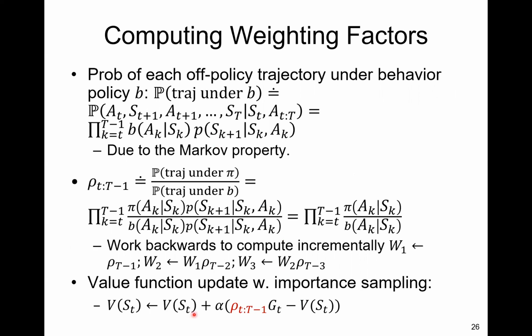This weighting factor rho is computed by multiplying the probability of taking the trajectory under the target policy pi, which is the probability of taking action AK from state sk.